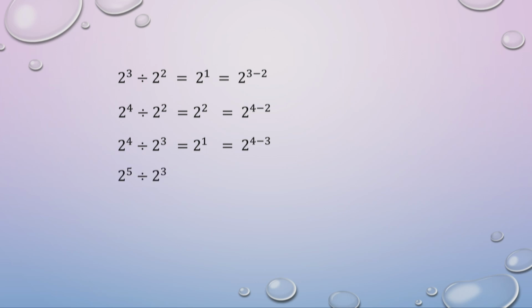Finally, 2 to the power of 5 divided by 2 to the power of 3 gave us answer 2 to the power of 2, that is 2 to the power of 5 minus 3.